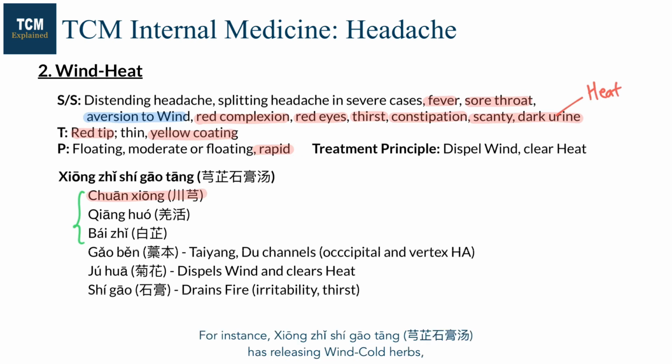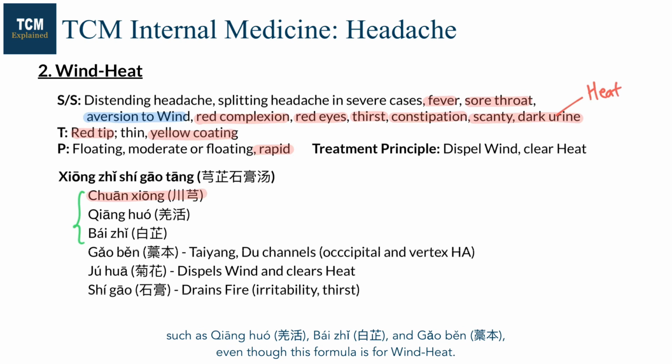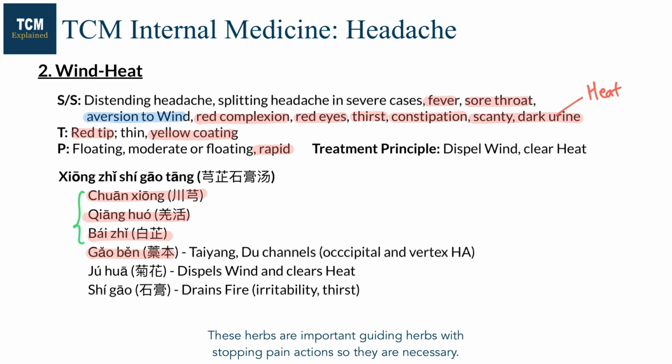For instance, 芎芷石膏汤 has releasing wind-cold herbs, such as 羌活, 白芷, and gaoben, even though this formula is for wind heat. These herbs are important guiding herbs with stopping pain actions, so they are necessary. So to make it more appropriate for the wind heat pattern, this formula has included Juhua and Shigao.